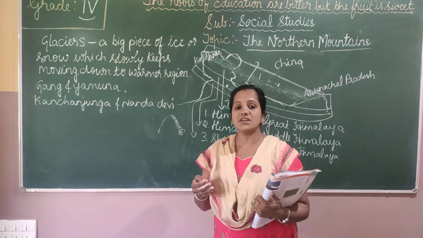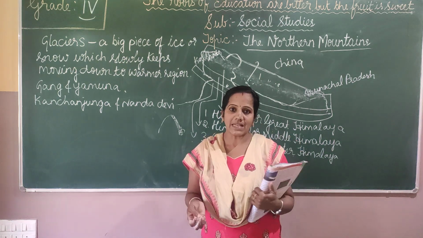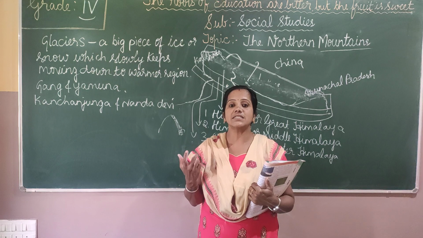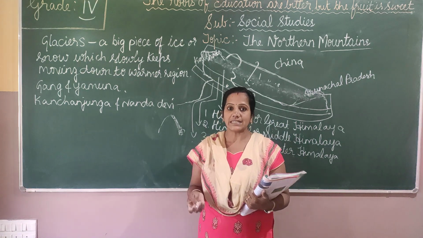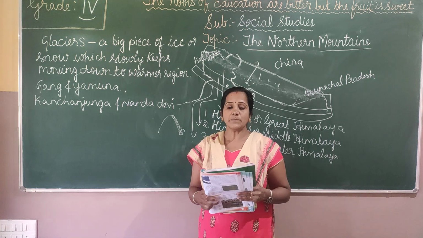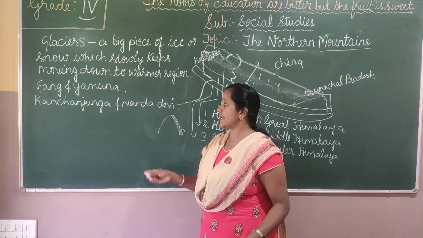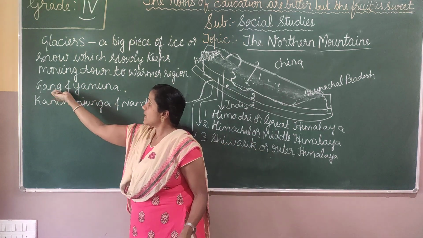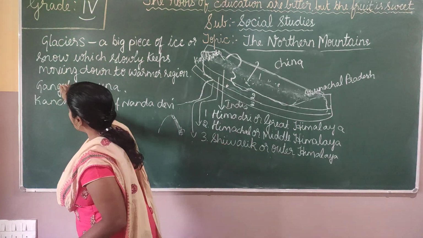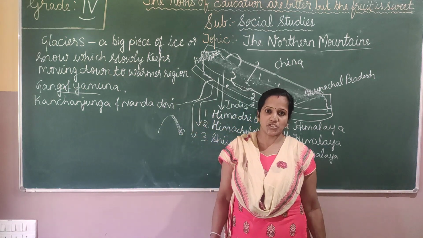When it reaches the warmer region, what happens? The ice melts into water and rivers are formed. Like this, the Ganga and Yamuna originate from these glaciers.